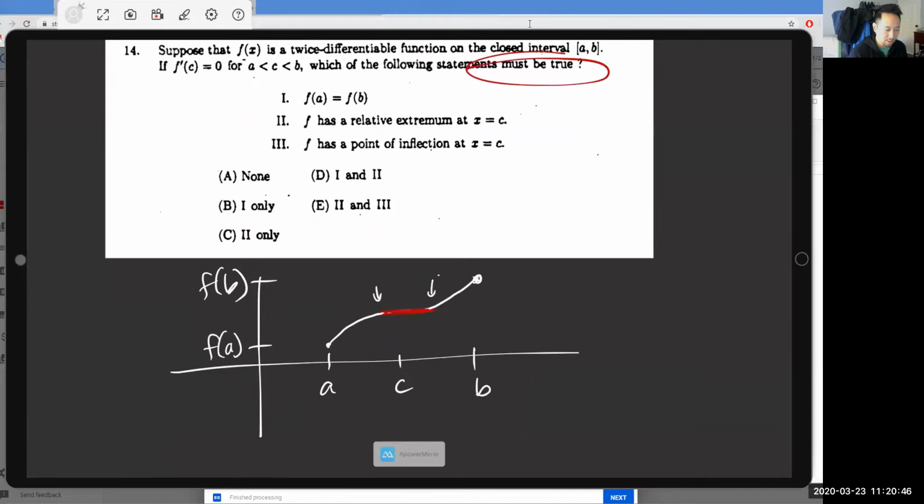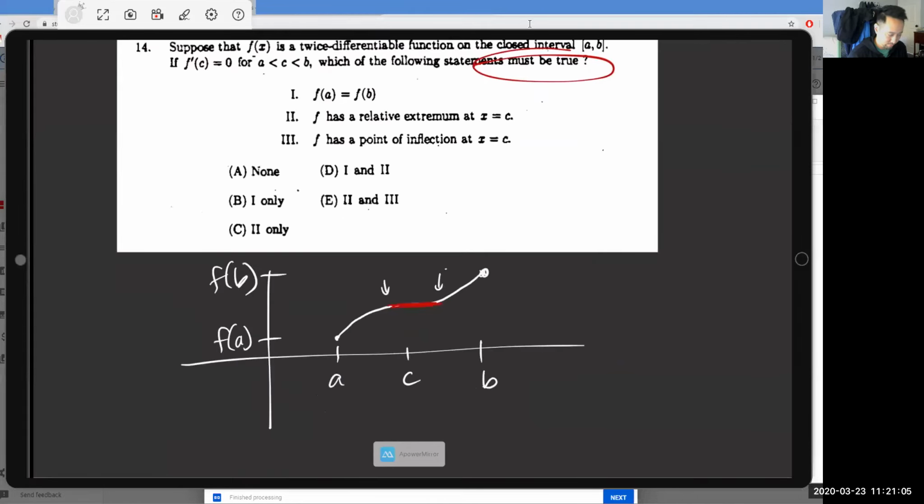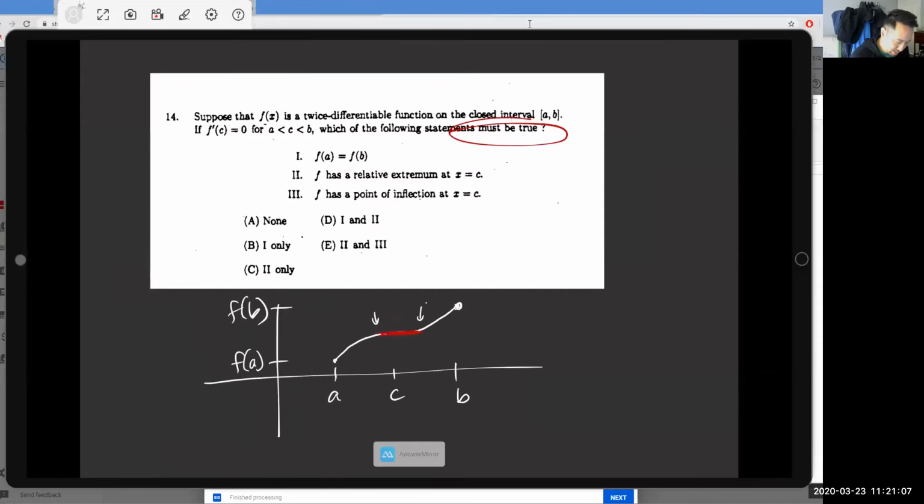So I'm proposing a solution that doesn't have to be true, as long as I'm satisfying all the conditions of the original problem. According to my drawing, f of a does not equal f of b. F of b is higher than f of a. And so I say number 1 doesn't have to be true, right?